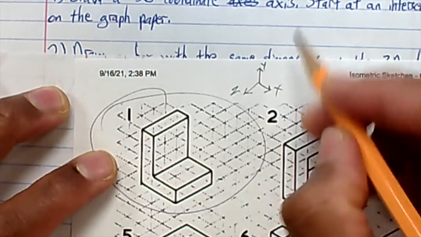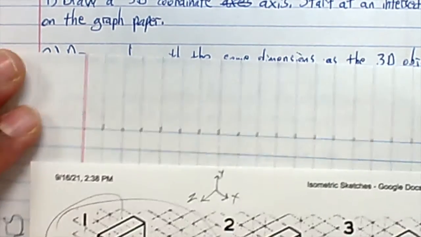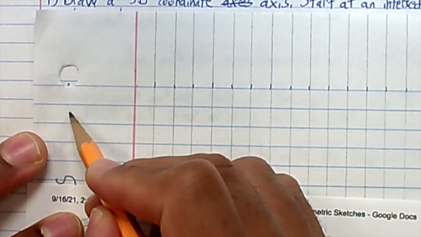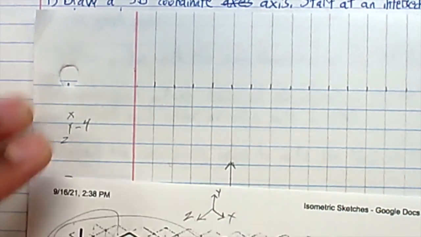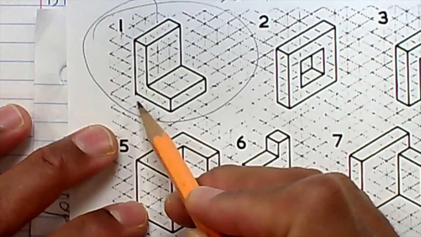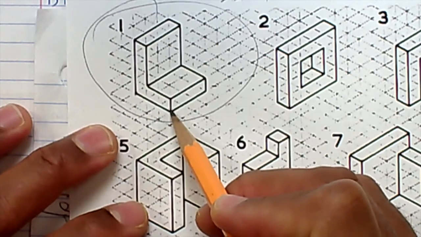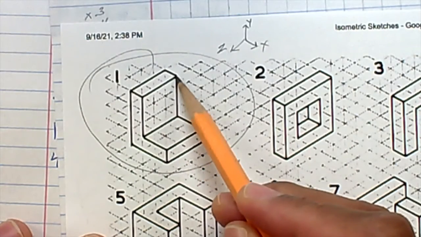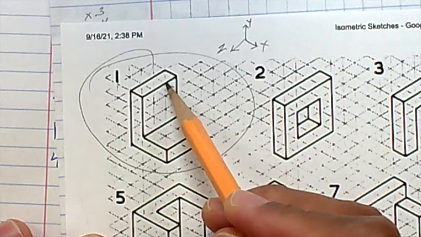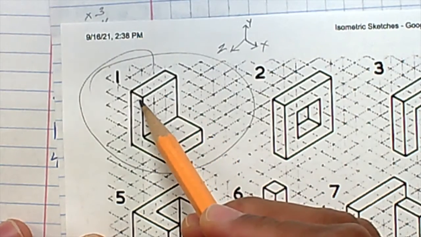I'm just going to write the dimensions here, X, Y, and Z. Y, we've got 4 boxes. In the X, we've got 1, 2, 3 boxes. In the Z, from the back to the front, we've got 1, 2, 3 boxes.